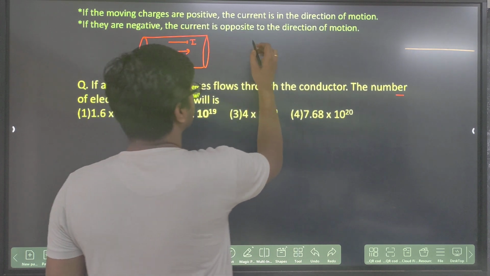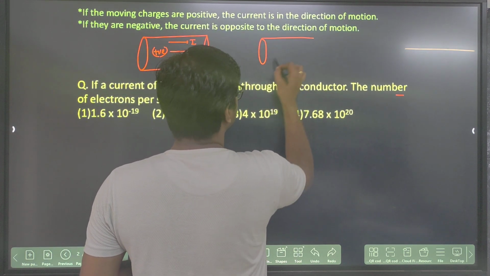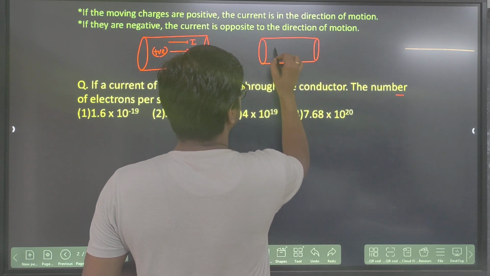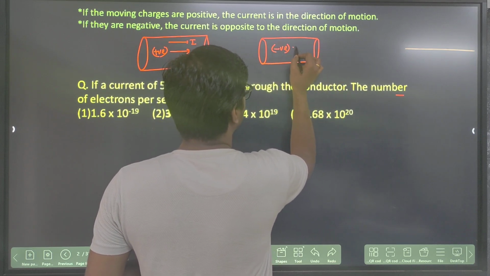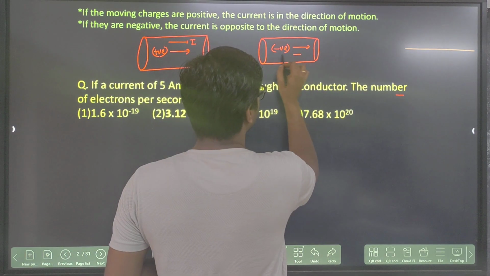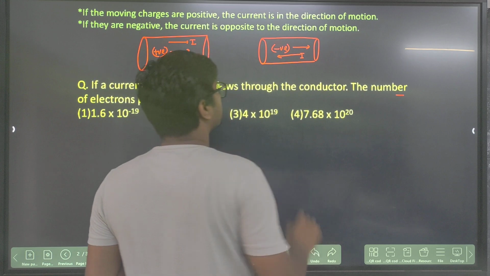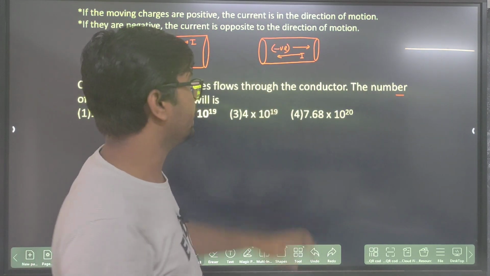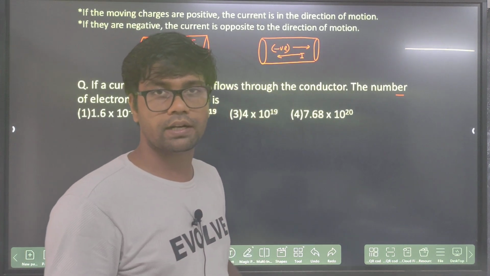The direction of motion of positive charge is the same as the direction of the current. If you take negative charge, and the negative charge is flowing along this direction, the current direction will be opposite to the direction of motion of the negative charge. Negative charge means we are talking about electrons, right?